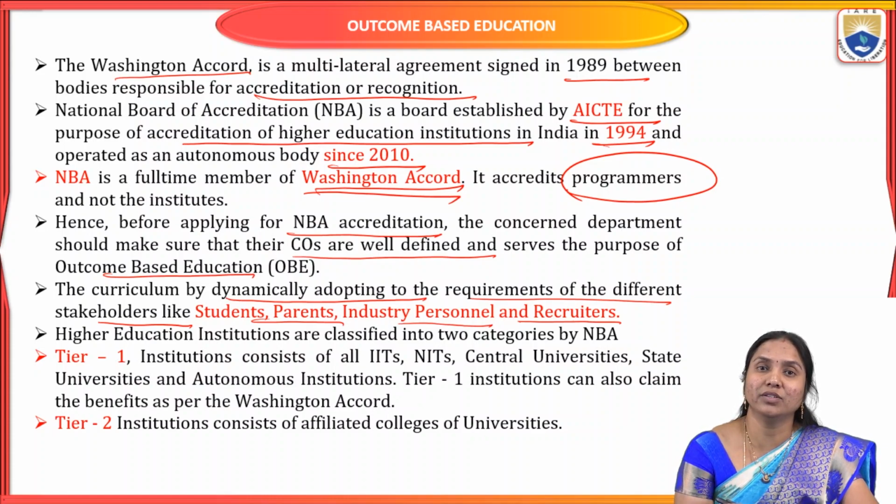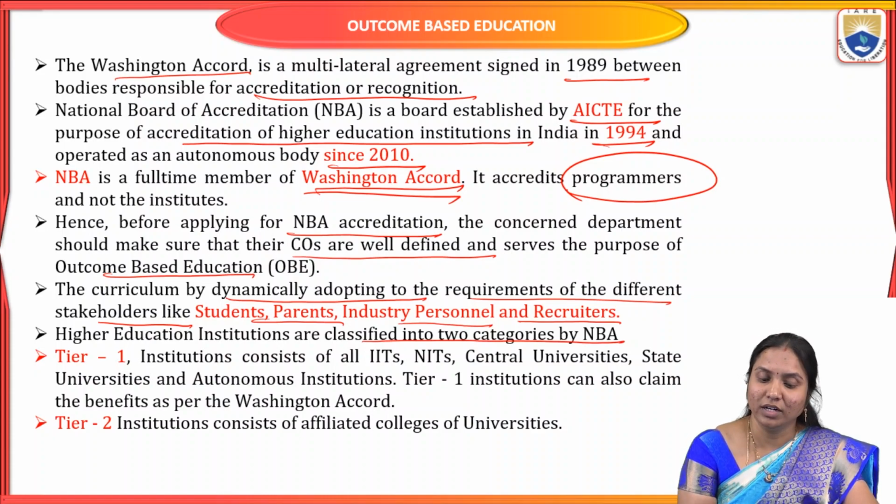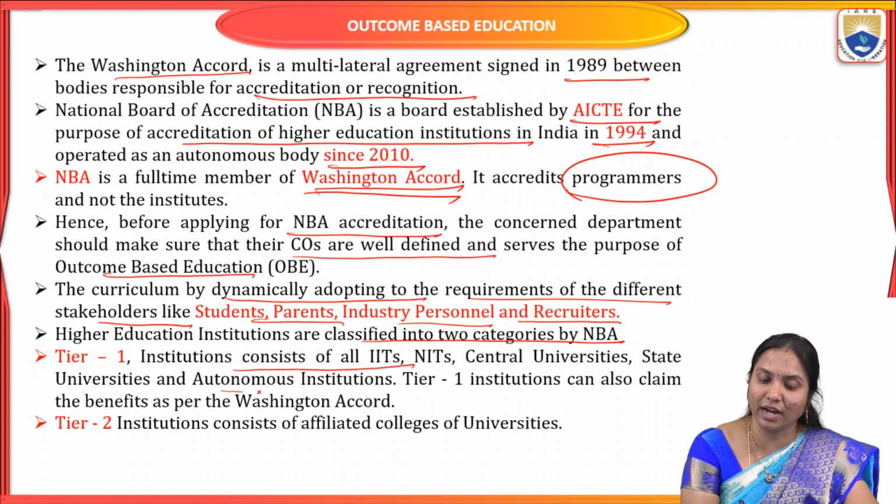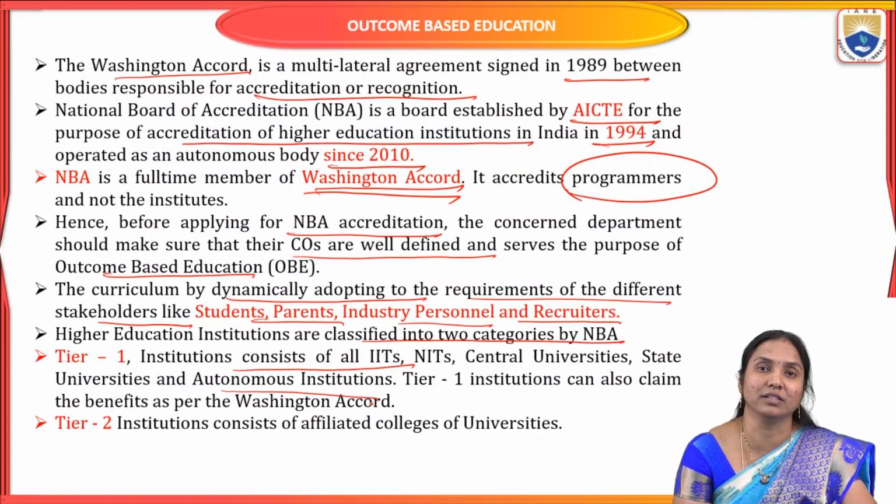Higher education institutions are classified into two categories by NBA: Tier 1 and Tier 2. Tier 1 institutions consist of all IITs, NITs, central universities, state universities and autonomous institutions.